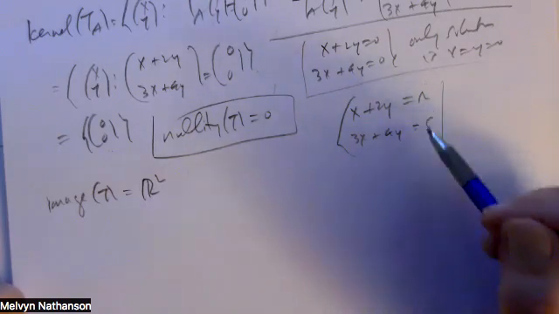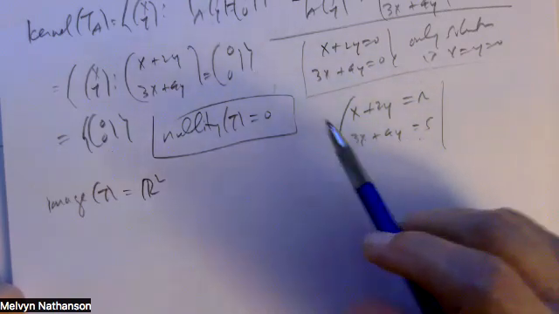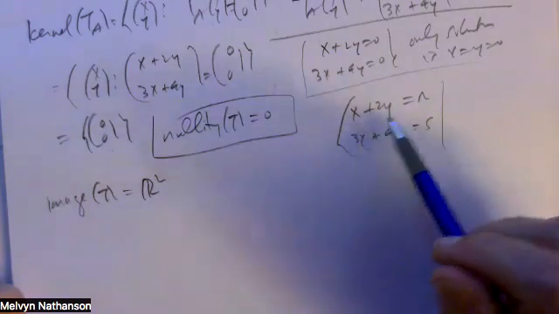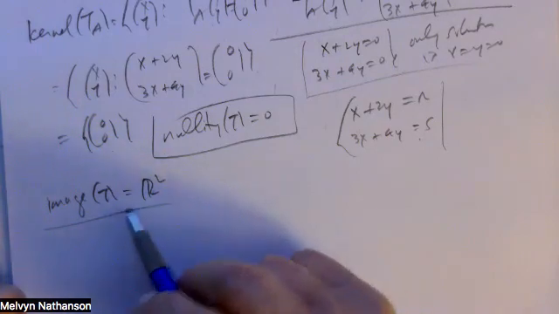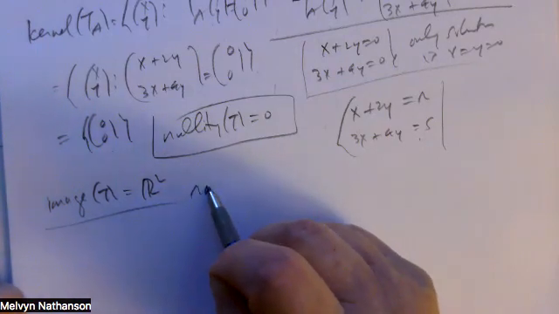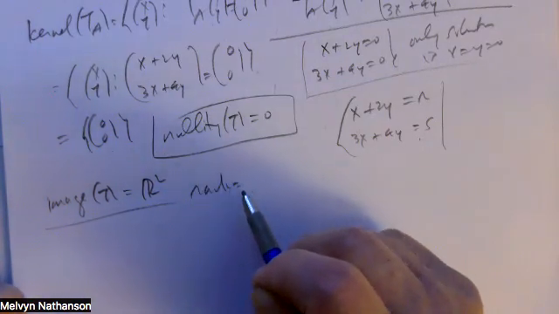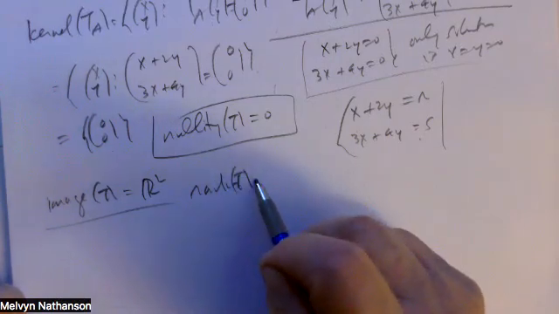So for any vector (R, S), there's an (x, y) where T of (x, y) equals (R, S). So the image is the whole plane R2, and the rank, which is the dimension of the image, is 2.